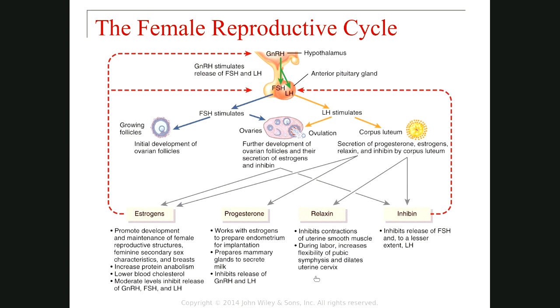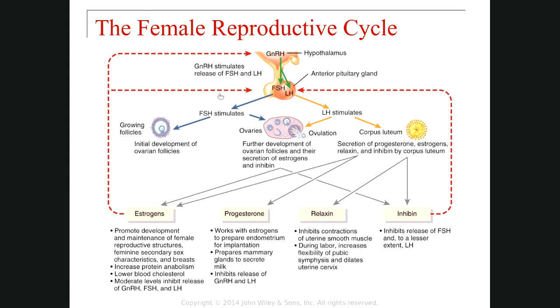These three hormones provide feedback for the female reproductive cycle. A moderate blood level of estrogen inhibits both the release of GnRH, as you see here, and secretion of LH and FSH by the anterior pituitary gland.